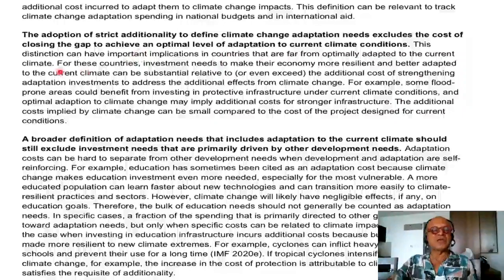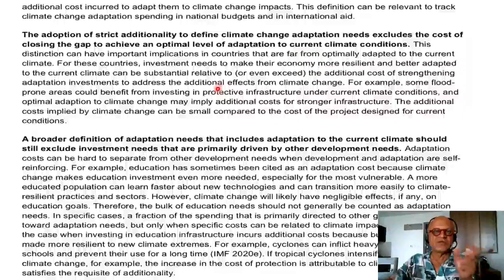So this sentence is complicated, so let's read it again. The adoption of strict additionality to define climate change adaptation needs excludes the cost of closing the gap to achieve an optimal level of adaptation to current climate conditions. Okay, so you have current climate conditions which are already happening, maybe in terms of heat waves, floods, droughts, many things, and there is going to be additionality of cost or adaptation required that will need estimation of cost.